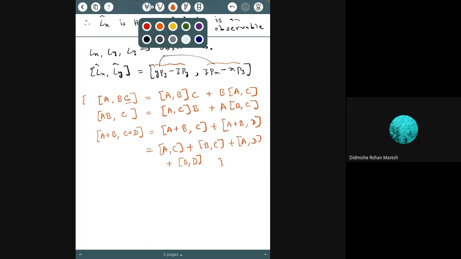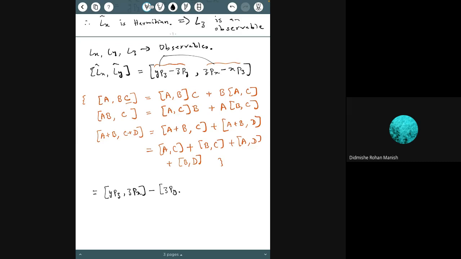So let's use this last one first, and then we get y p_z z p_x minus z p_y z p_x. I'm just doing this explicitly to show you how the algebra works.